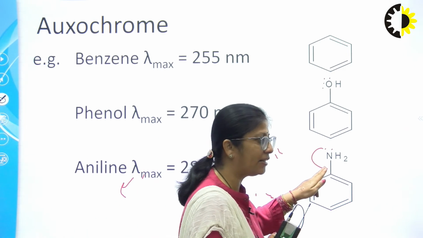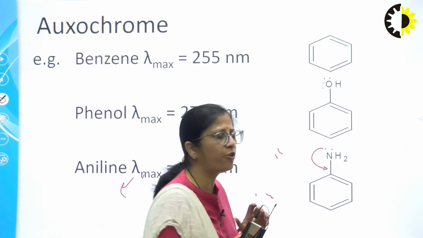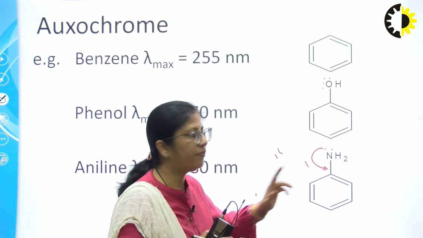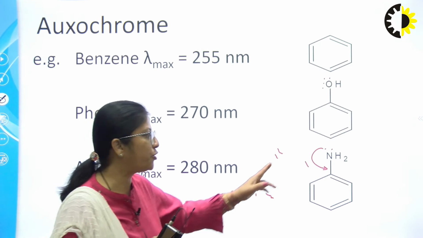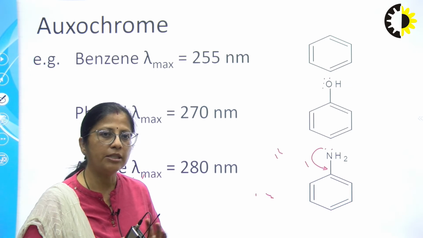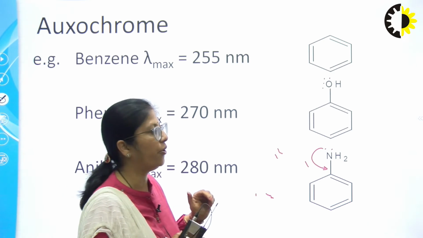Lesser is the electronegativity, lower is the binding property of the free electron with the atom. So nitrogen will easily donate its electron to the conjugated system. It is going to extend the conjugation more easily in comparison to the phenol.